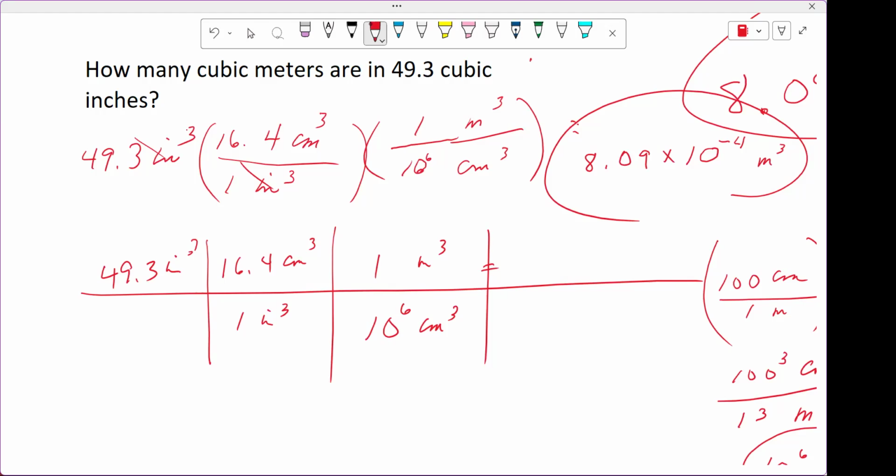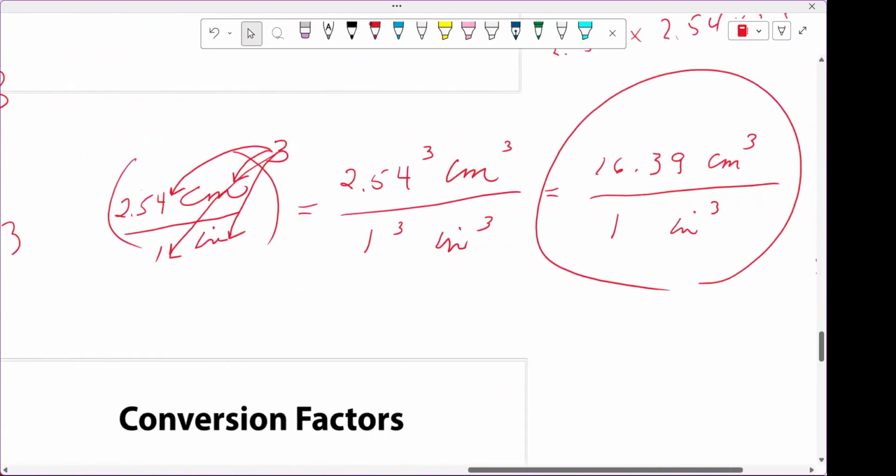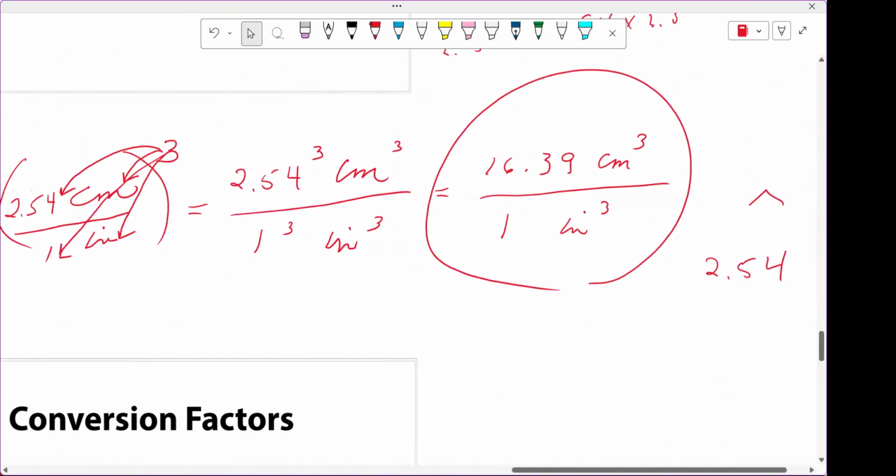It's already cubed already. That's what we were doing over here, and here. So we did all the cubing already.